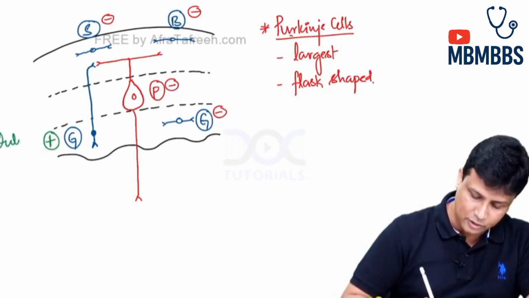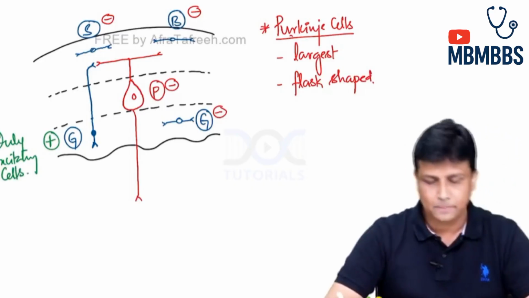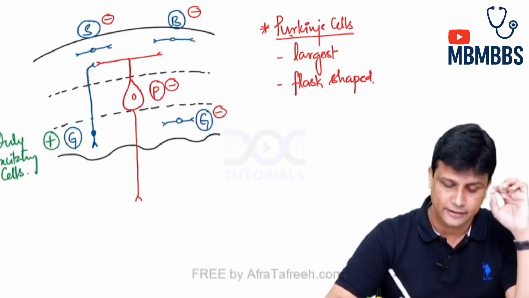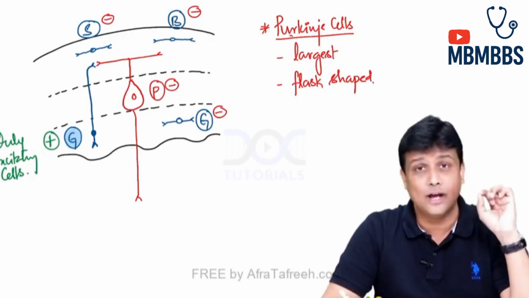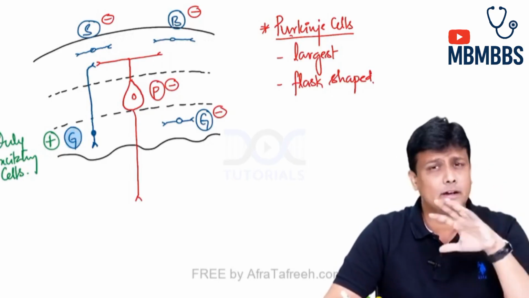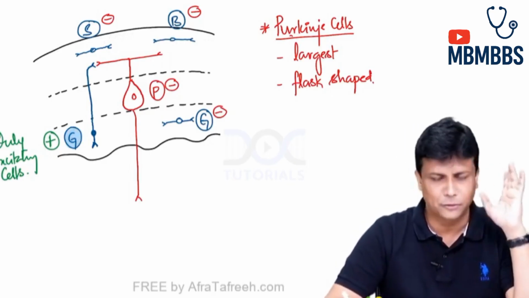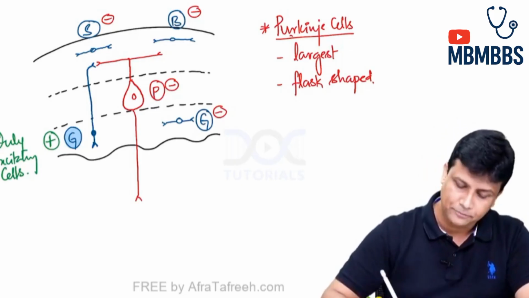So remember, the only excitatory cells in the cerebellar cortex are nothing but your granular cells. Granular cells are the only excitatory cells, remaining all are inhibitory. So therefore, a beautiful MCQ here.